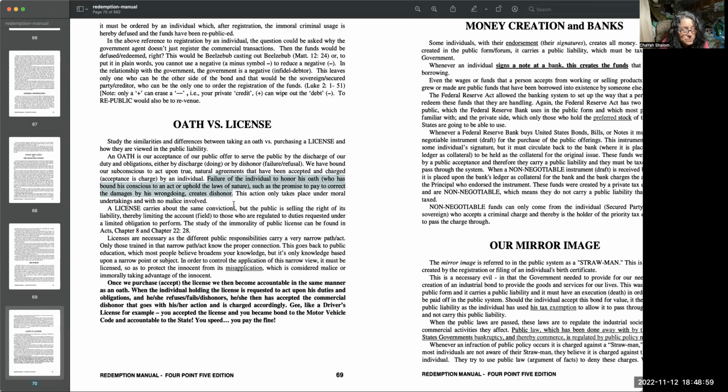I don't understand how that creates dishonor, but let's just keep reading. This action only takes place under moral undertakings and with no malice involved.